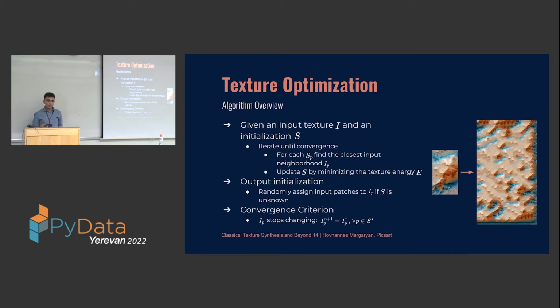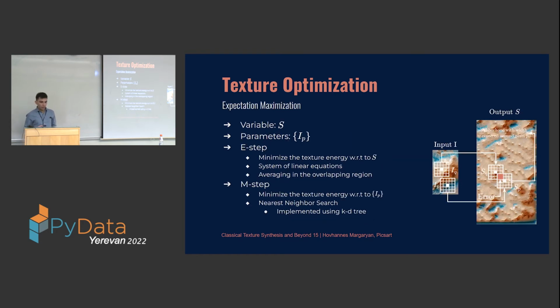As I mentioned, we need some initialization of the output texture S to begin the synthesis procedure. If we are not provided with an initialization, we randomly assign input patches to IP. And the last question that remains is when to stop the optimization procedure. The authors in this case suggest halting the optimization procedure when IP stops changing.